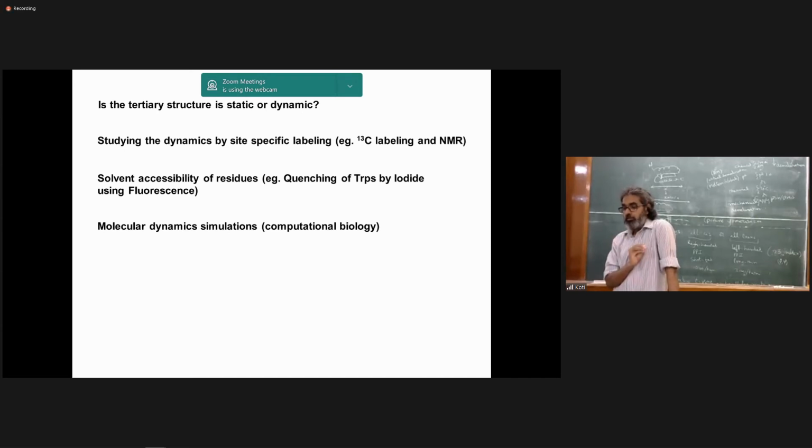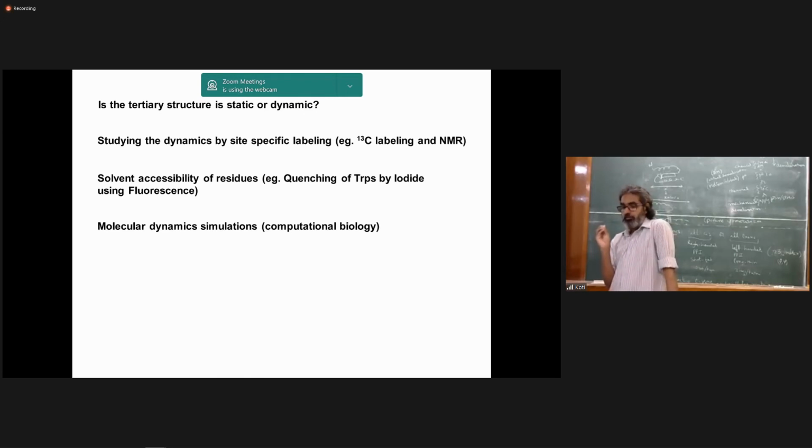That will tell you how buried these side chains are, especially tryptophans or tyrosines. If the quenching is to the highest extent, then it is completely exposed; if quenching is very minimal, then it is completely buried; if it is partially quenched, then you know it's basically at the interface.